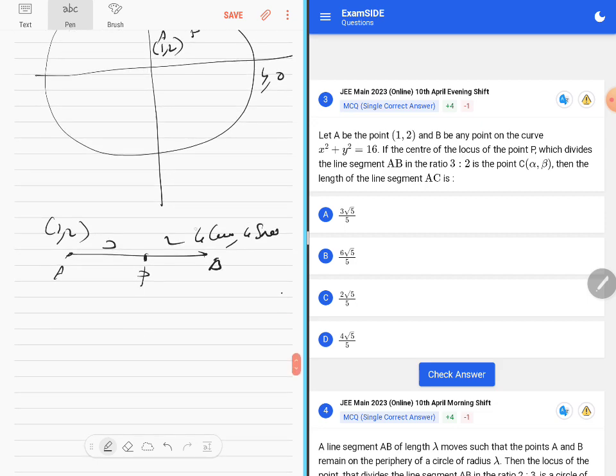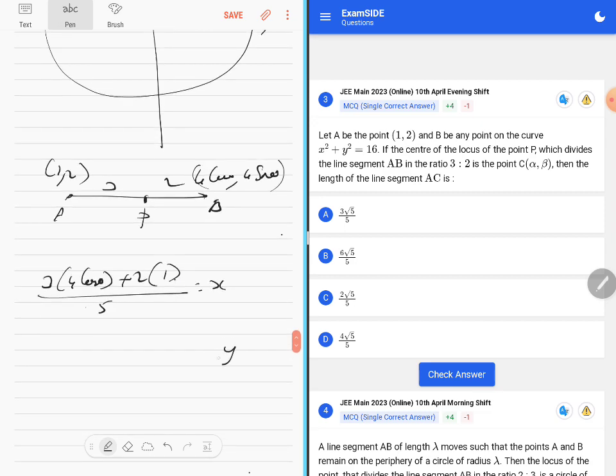Let's find P. Therefore, the x coordinate of P is (m x2 plus n x1) by (m plus n), and the y coordinate of P is (m y2 plus n y1) by (m plus n).